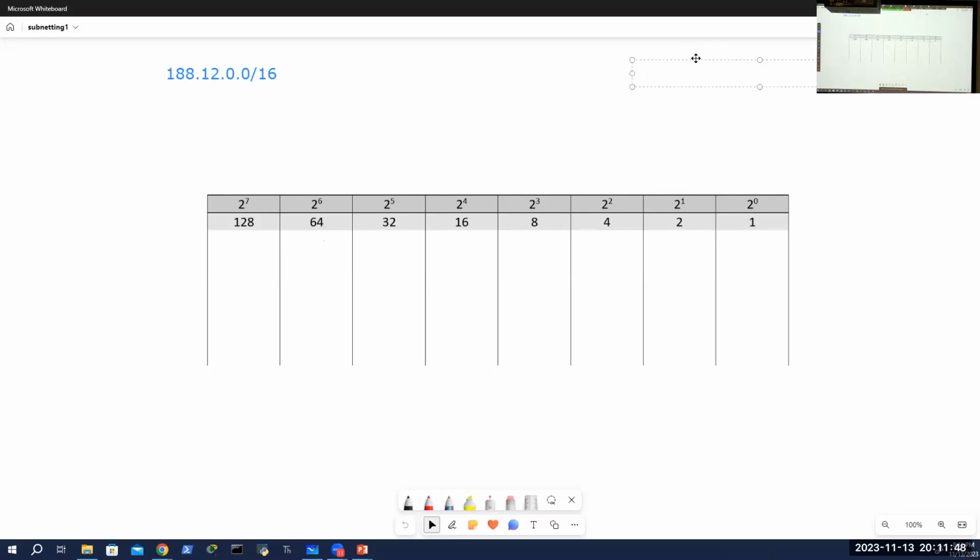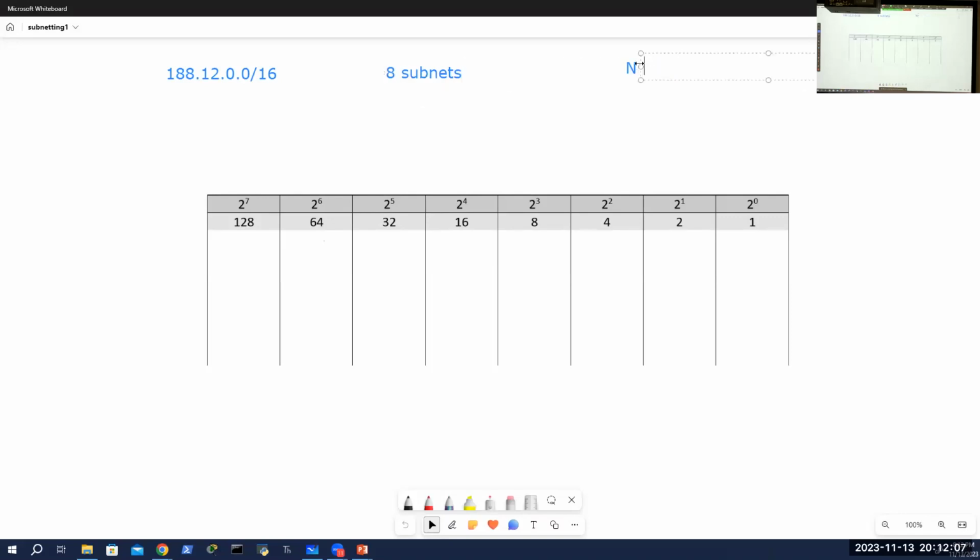It's really no different, except you're not going to be working in the 4th octet. You'll be working in the 3rd octet. I'll tell you how many subnets. I'm going to do the same exact problem.